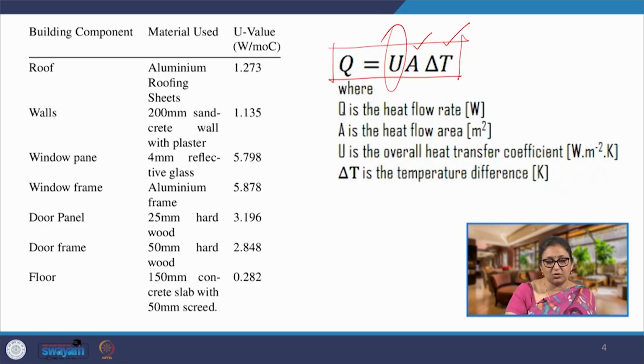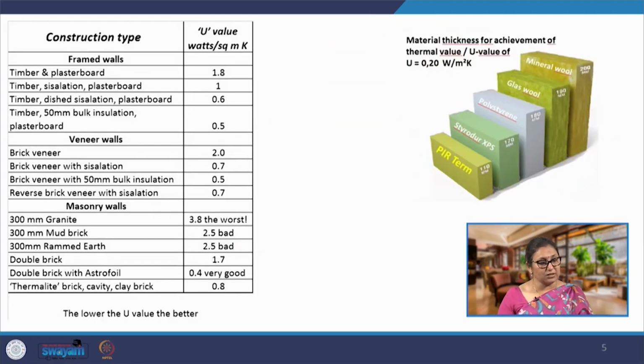Now, here let us look at the different options that we have. For example, if we have a sandcrete wall with plaster, the approximate U value is 1.135. If you look at some of the other typical values, for example, the typical double brick has a U value of 1.7. Of course, these U values will also change from region to region.